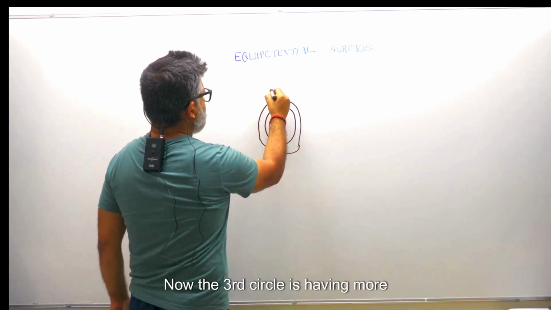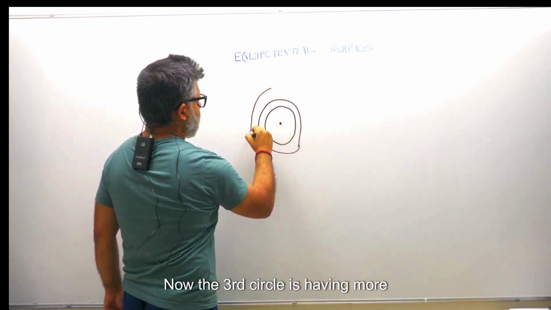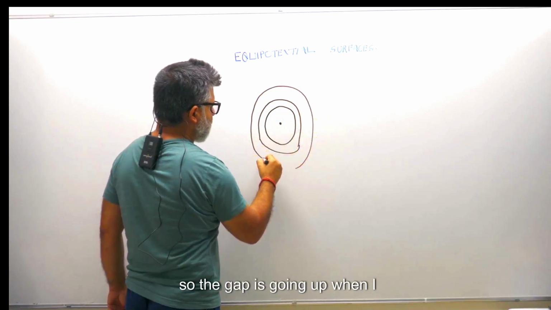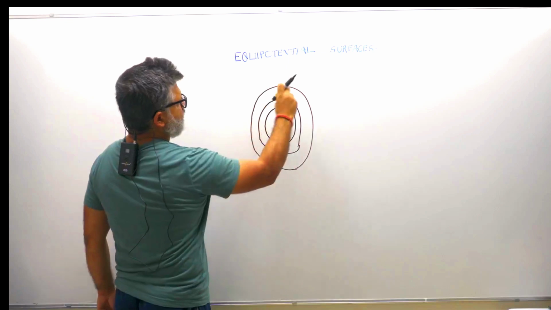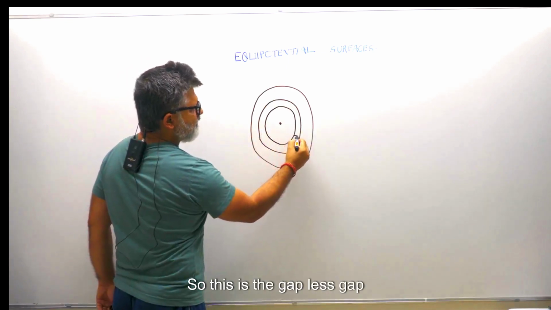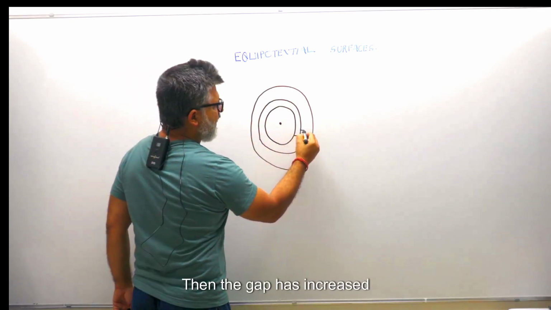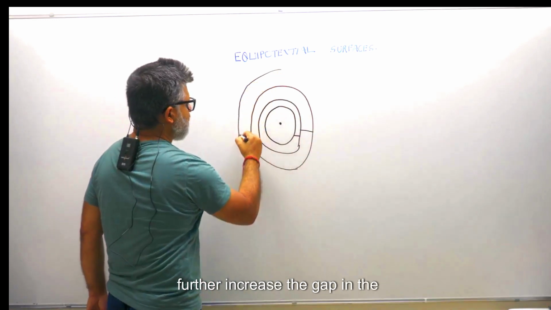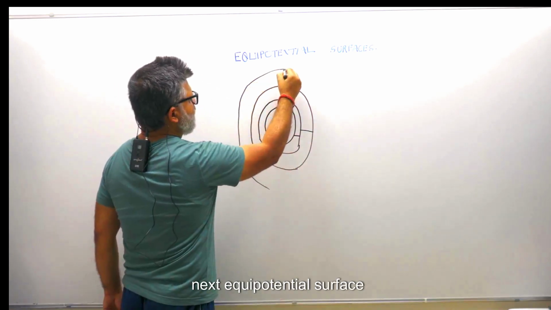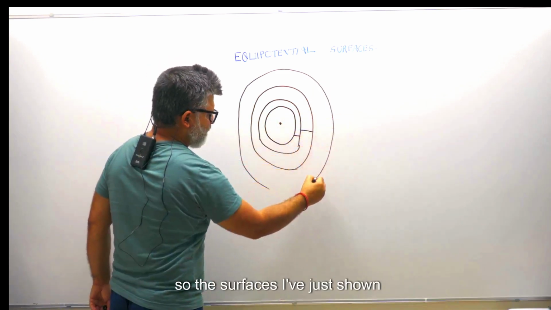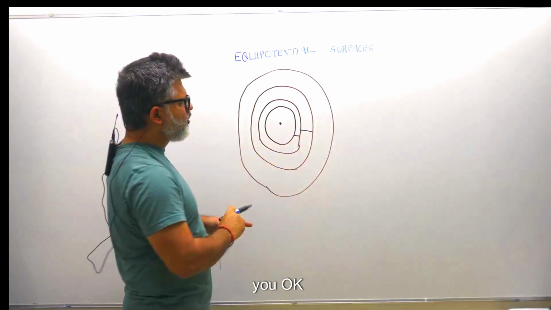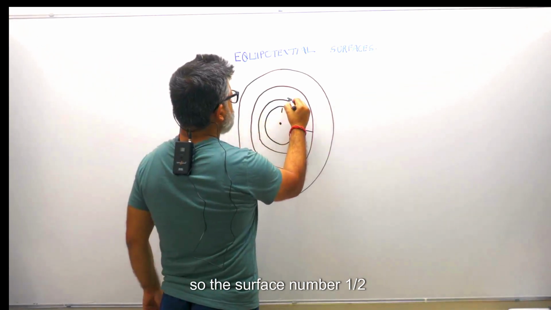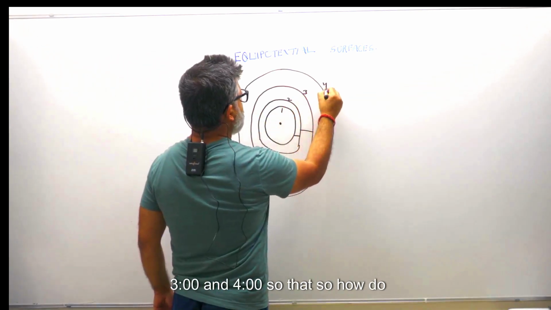Now the third circle has more gap, so the gap is going up. When I draw the next one, this is the gap, less gap, then the gap has increased, and then I will further increase the gap in the next equipotential surface. So the surfaces I have just shown you are surface number 1, 2, 3, and 4.